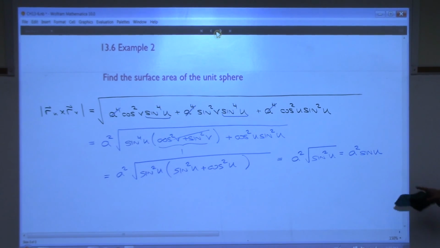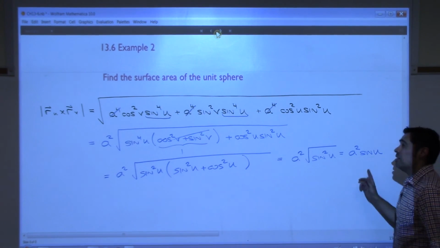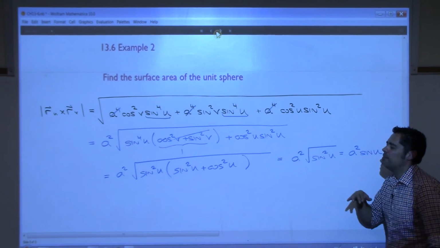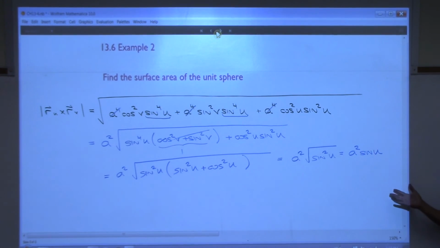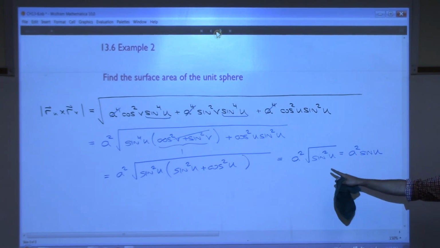I don't need to put absolute value because u is between 0 and pi. Sine is always positive there, so we're good. We don't need to worry about that. All right, that's it. Any questions on where I got any of that?